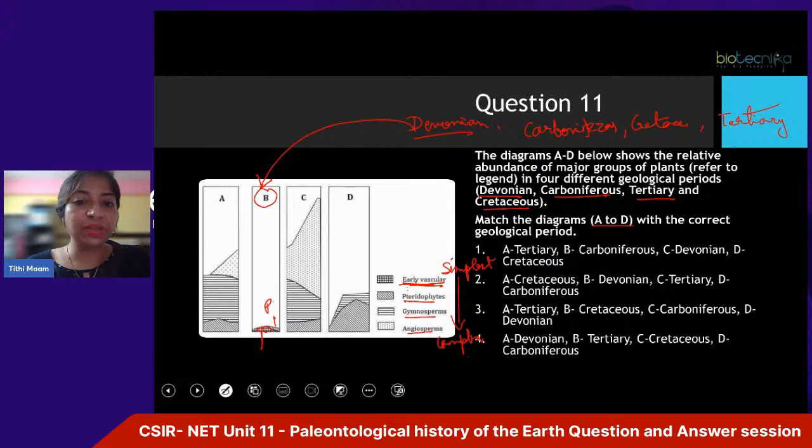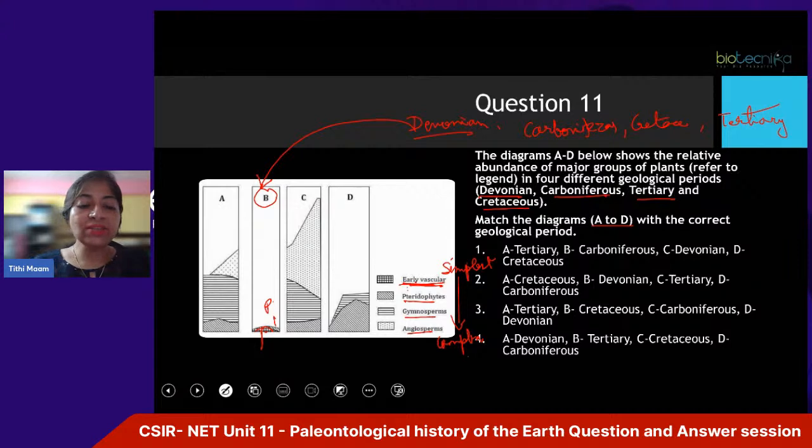That B has to be linked with Devonian because that is the first period given and the evolution of plants is just starting. So which diagram will be for the first period? B, where only the early vascular plants are present.